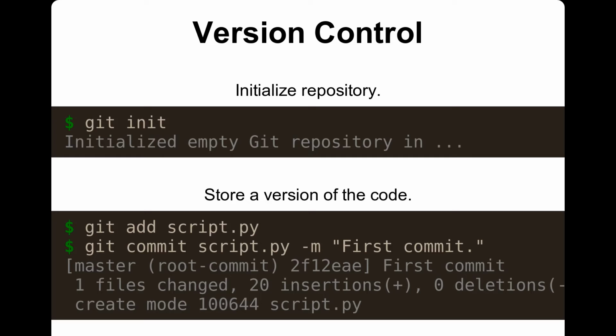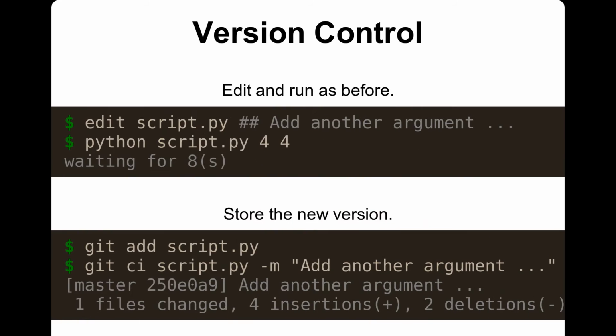Storing that script in the database is a 2-step process with Git. So you git add the script.py and you git commit the script.py. And then you hopefully give it a sensible message so that it means something later. That's basically all version control is.